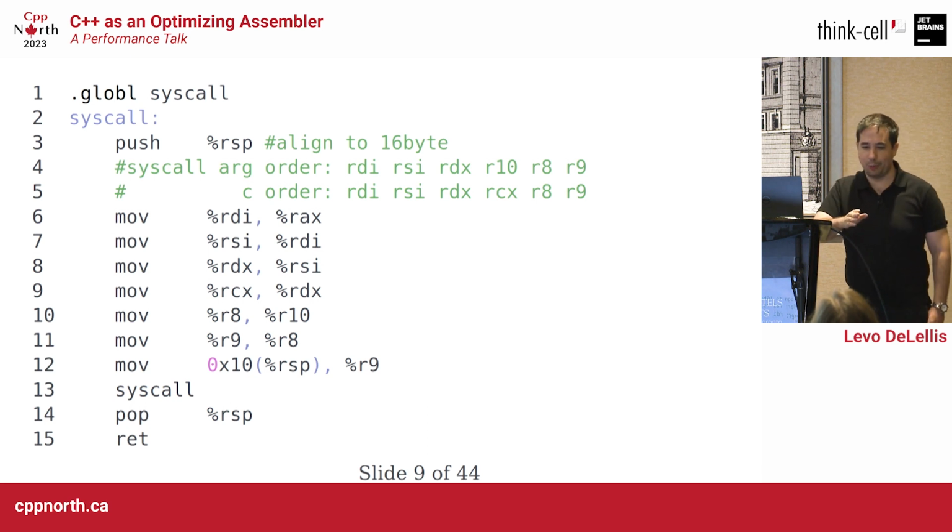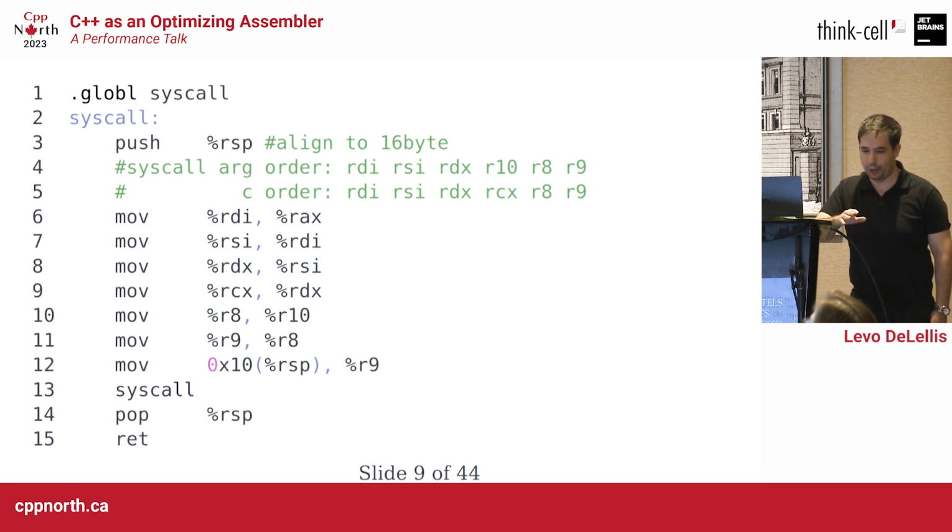So here you might see a lot of moves and think, is that going to be slow? No, absolutely not. Move can happen in the decode stage, so it's essentially free. When you're doing the actual instructions, it's probably not even going to touch this. It's going to be a no-op.